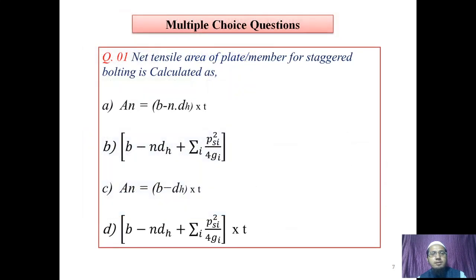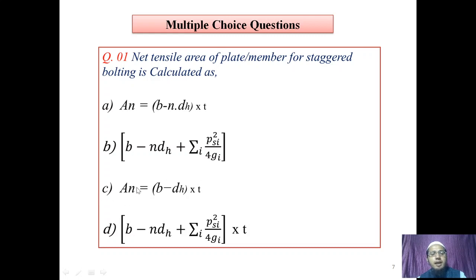Now, based on this, let's have a quiz, or in a computer exam, it may ask an objective question: net tensile area of plate or member for staggered bolting is calculated as. And options will be: Option A, A_N equals B minus N D_H into T. Option B, B minus N D_H plus summation of P square by 4 G_i.